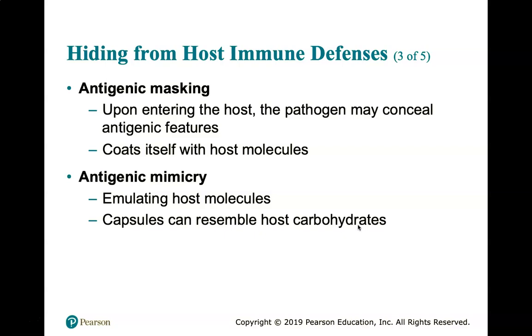What they do with antigenic mimicry is essentially copy that. And by copying that, the immune system gets tricked, and it doesn't think that pathogen is harmful. It thinks it's part of the normal body system, and it just goes on looking for other non-host cells.